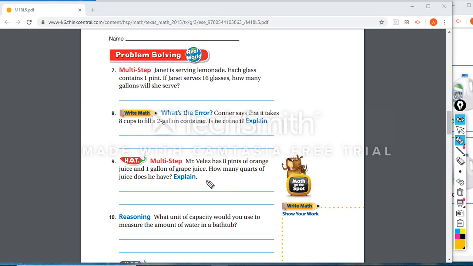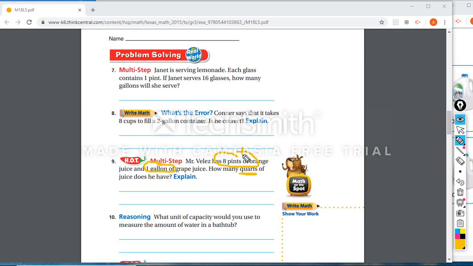So let's look at the next one. Mr. Belize has 8 pints of orange juice and 1 gallon of grape juice. How many quarts of juice does he have? So you're going to take this unit, 8 pints and 1 gallon. The key is now, what's your unit of capacity? It's quarts.